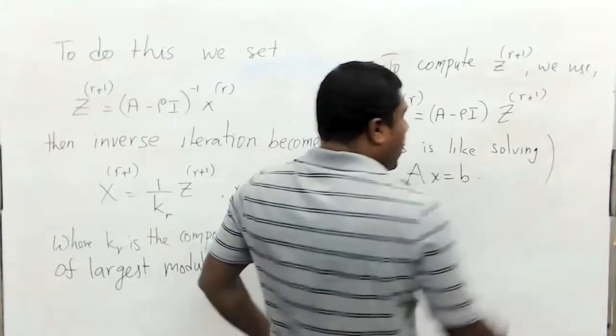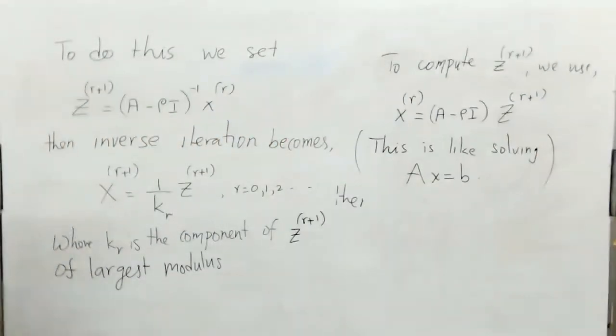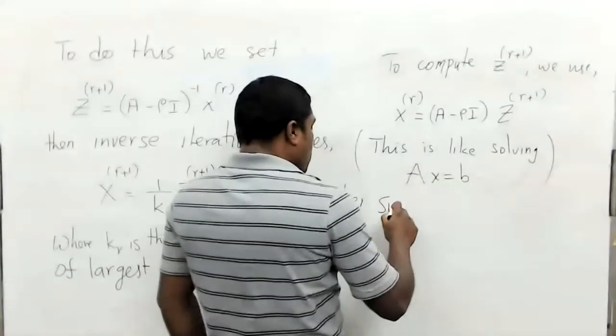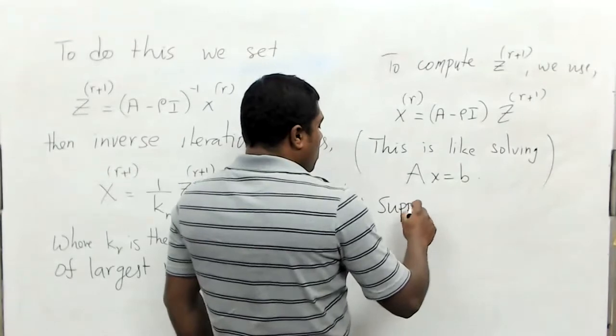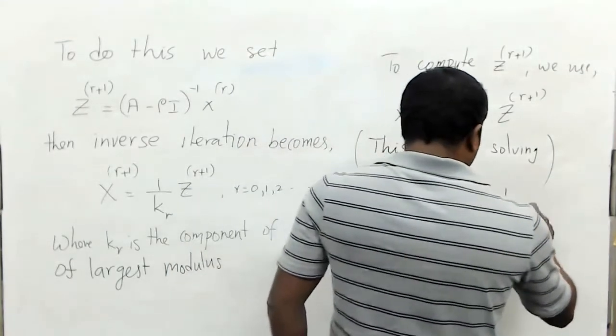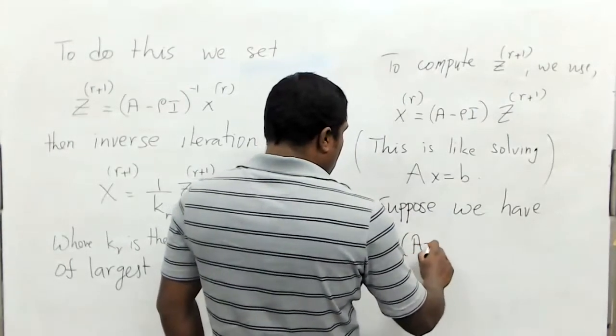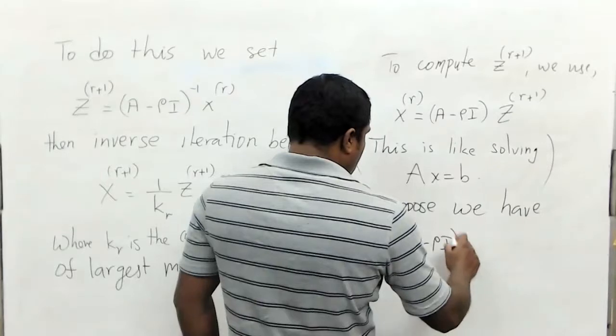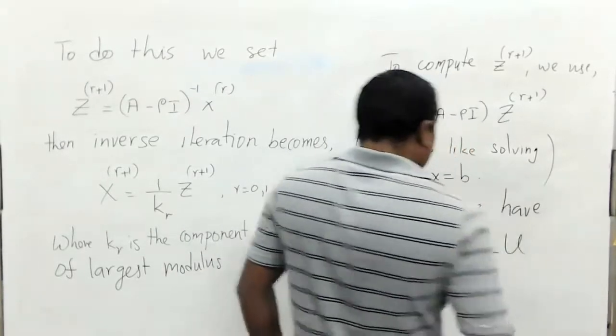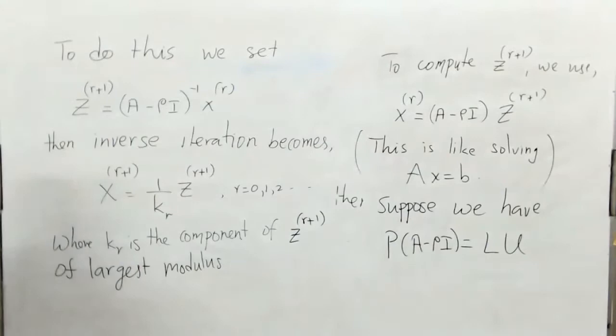So this is very much like solving the system AX equal to B. So you go back to chapter 1 and look for LU factorization, right?